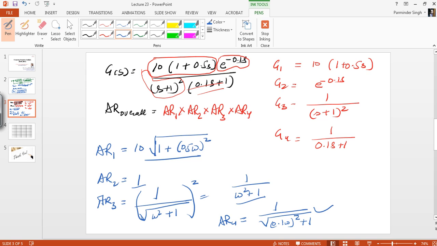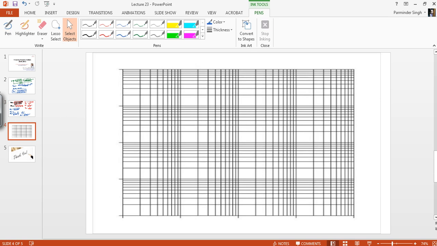Now let's plot the individual amplitude ratios. For this, I have this log graph paper with me, where this is the amplitude ratio, and we have the frequency over here. Now let me put the values. Let me change this value.